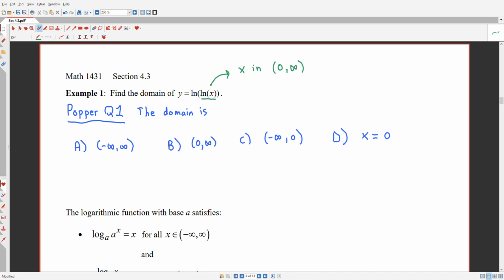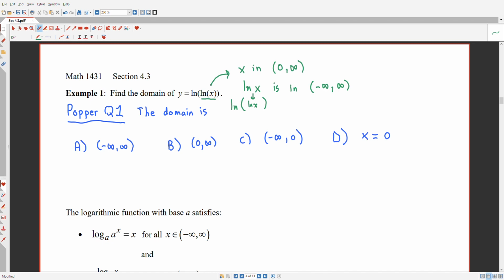But here's the problem. Once we take x and plug it into this first natural log of x, we can get any number between negative infinity and infinity. Right? That was us, we just said that a second ago. The range of natural log of x can be any real number. Okay, so now when I want to take the natural log of this thing, of this natural log of x, I could be in trouble.